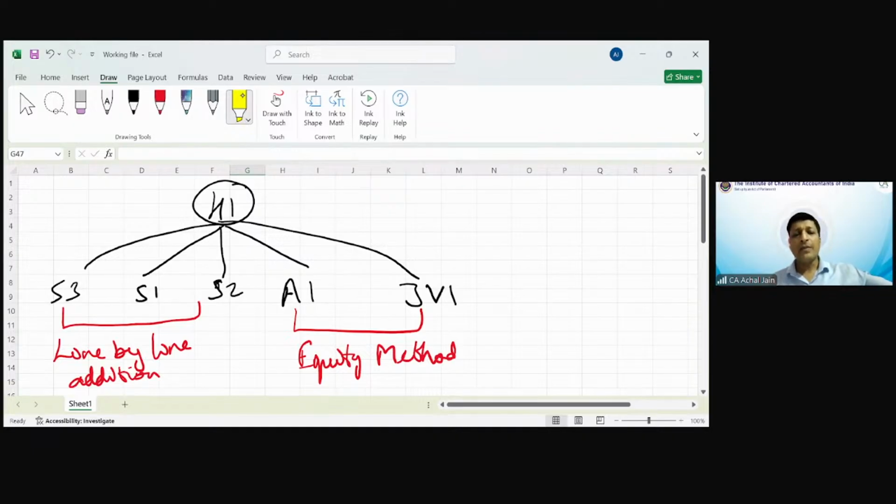Whether you follow line by line or the equity method, we have also discussed that in equity method or line by line, different considerations will be there on the part of the auditor, who will be required to apply all of those requirements in his audit procedures in relation to the consolidation.